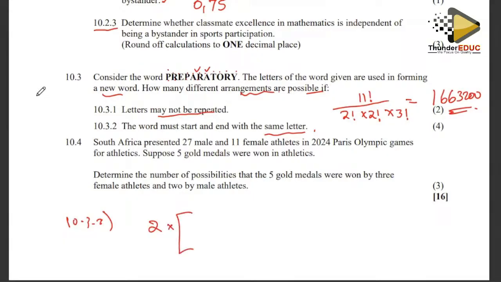If they are starting with the same and ending with the same letter, meaning that we only have 9 letters to choose from. From the 9, if I've eliminated these 2 that are repeating, I'll be left with 2 factorial times 3 factorial. Plus, the other option is that I'm dealing with these 3 letters.